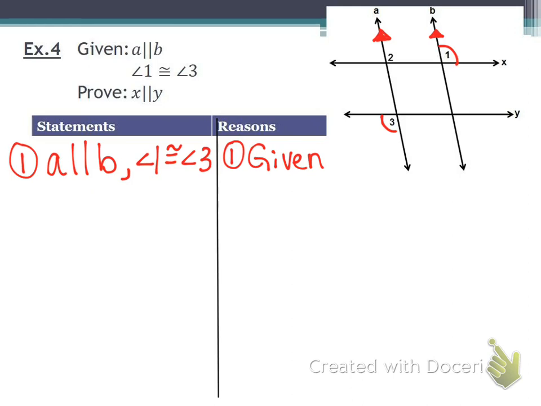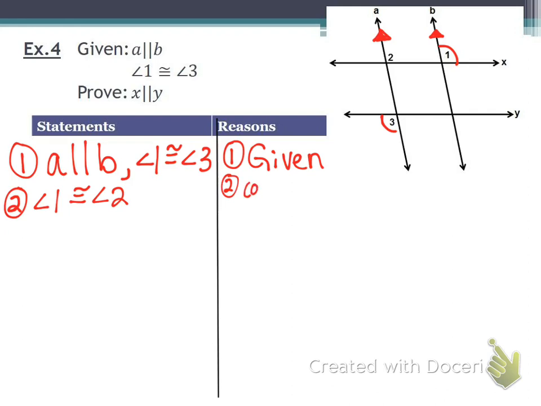They're congruent because they're corresponding. If you made a statement saying angles 1 and 2 are corresponding, that's okay. I don't know that I would require that because that's part of our reason. Angle 1 is congruent to angle 2 because they're corresponding on what type of lines? Parallel lines.